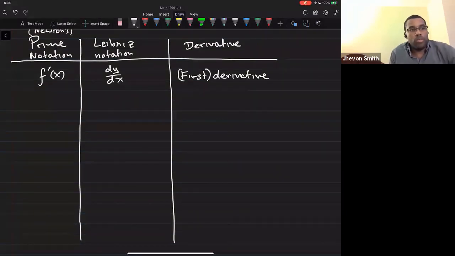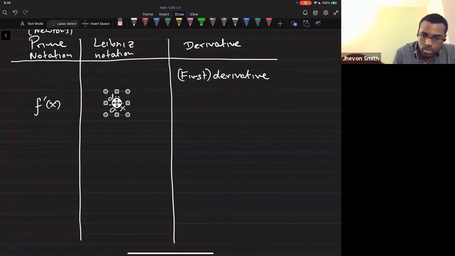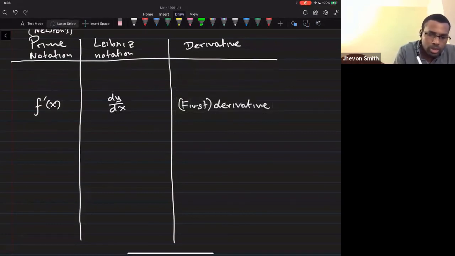Or just derivative. However, I might want to talk about the other function first, because that'll be a concept that you'll use in Calc 2 and other classes.